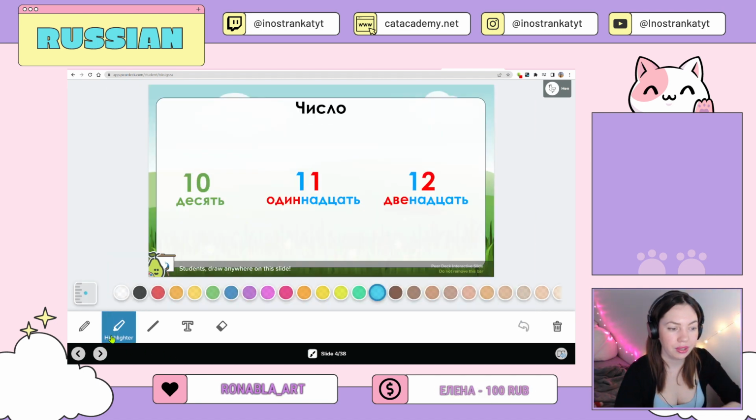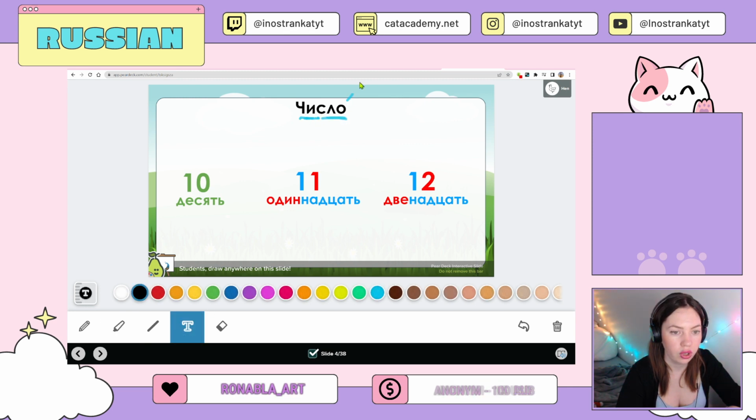We are also going to learn numbers today. And numbers we pronounce as ч, и, с, л, о, число, число. It means a number. Digit is цифра, but a number is число.